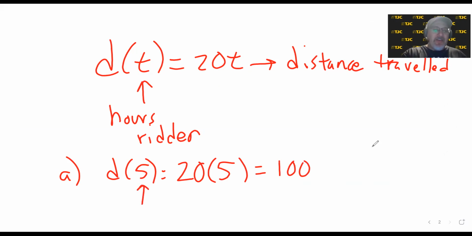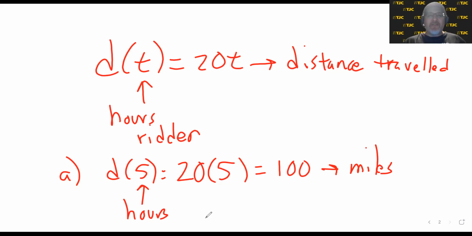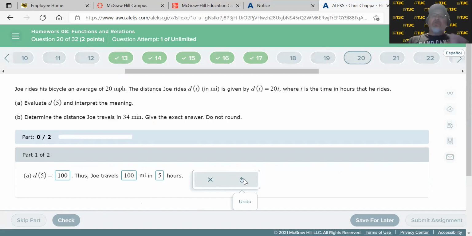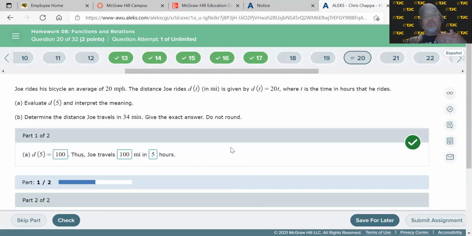But keeping in mind that the input is hours and the output is distance traveled, specifically miles, that means in 5 hours, we traveled 100 miles. On a bike, I guess that's not unfeasible. d of 5 is equal to 100. Thus, Joe travels 100 miles in 5 hours. So it's just a function used in a real world situation, which is sometimes called a model.